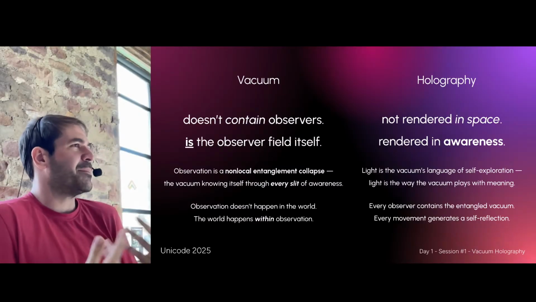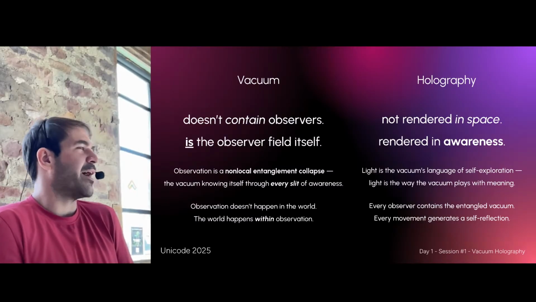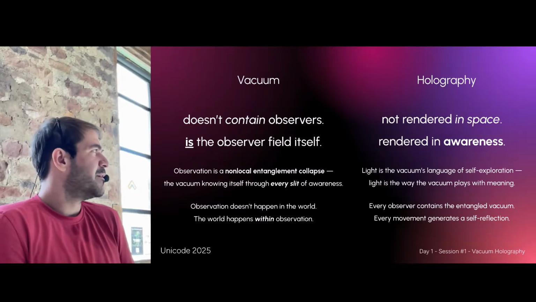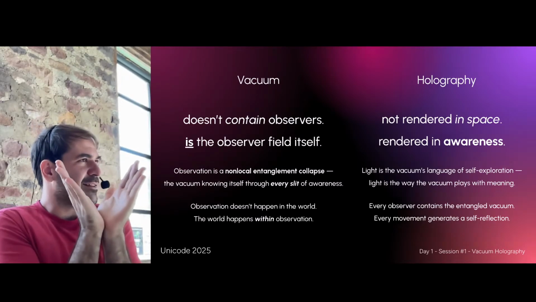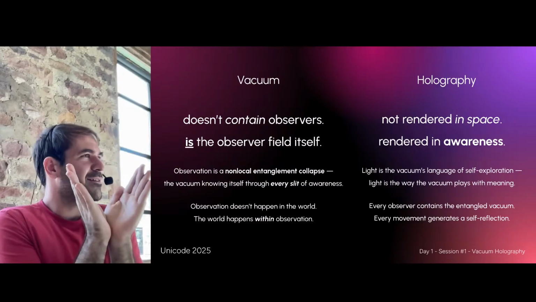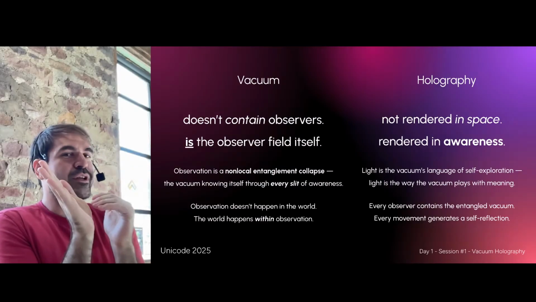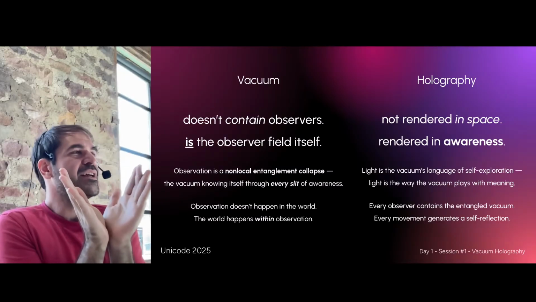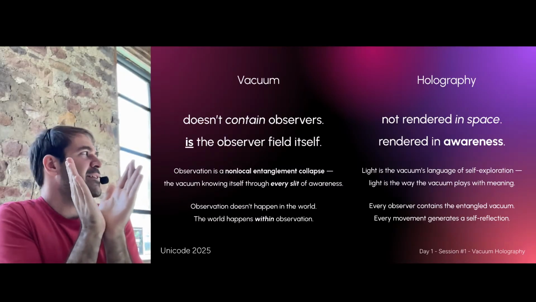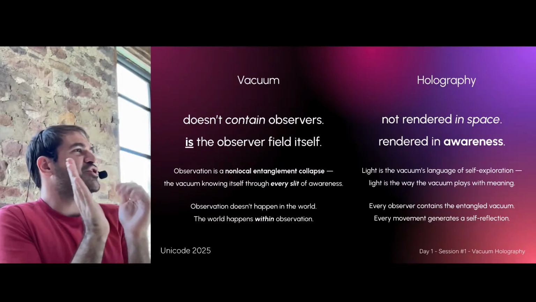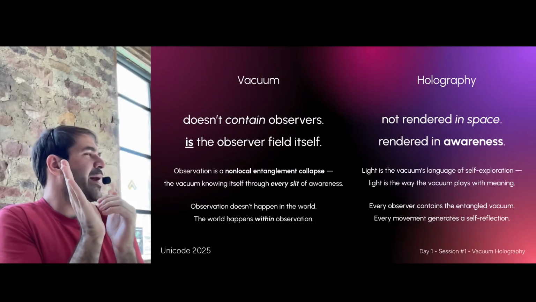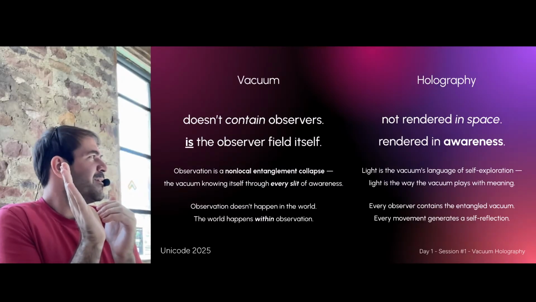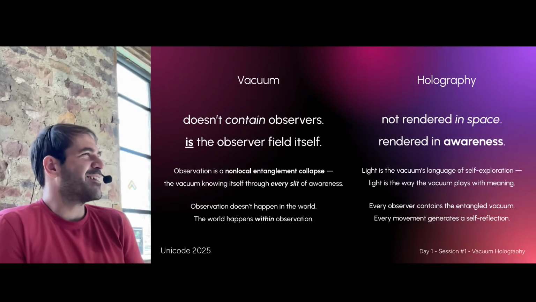That's why the common trope in spirituality goes that there's nothing for you to do, because you're already everyone, right? So that's why, down there in those core code points, every observer already contains the entangled vacuum. It's just self-obscuring it by not illuminating those code points.